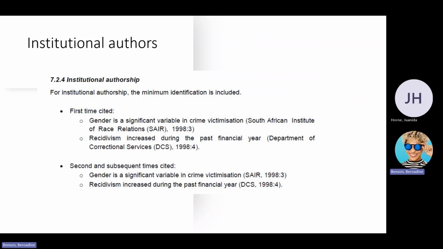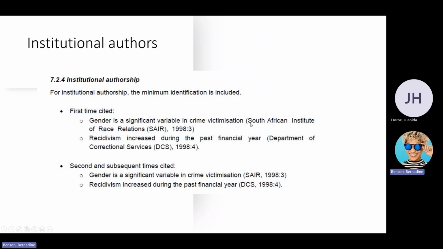Now, an institution cannot argue. So when you talk about a piece of information coming out of an institutional source like the South African Institute of Race Relations or the Department of Correctional Services, you would always include the reference at the end of the sentence in a bracket, because an institutional author cannot argue.